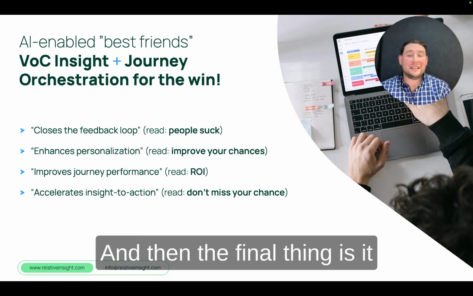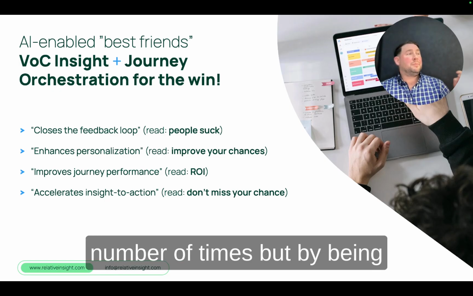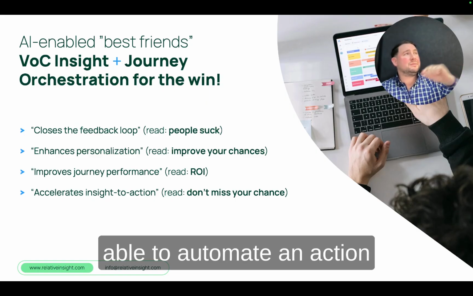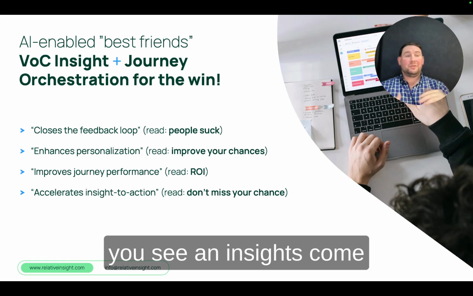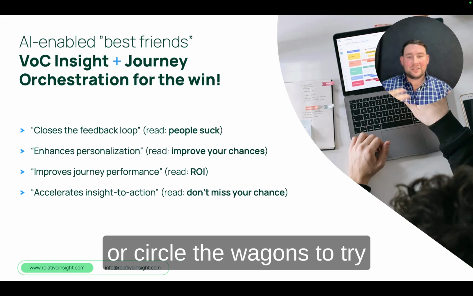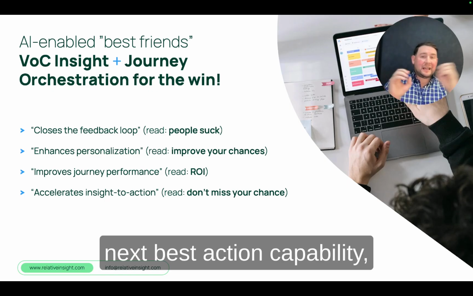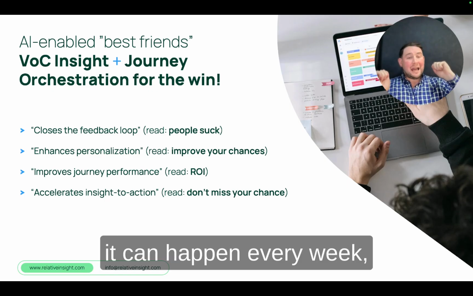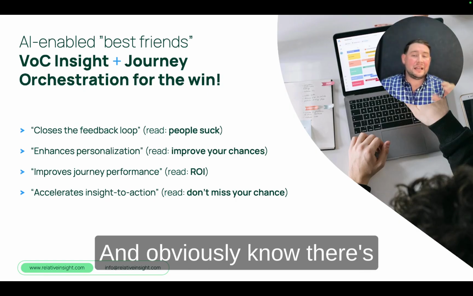And then the final thing is it accelerates the whole process. I've kind of touched on it a number of times, but by being able to automate an action from an insight every week, so you see an insight come through, and instead of having to have a discussion about it or circle the wagons to try and bring the right stakeholders together, if you have insights feeding next best action capability, it can happen every week. And obviously, there's an element of trust there.